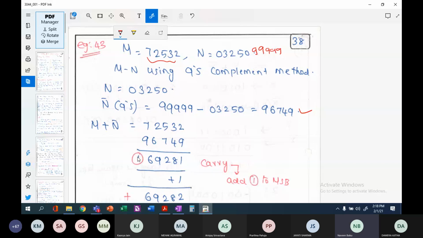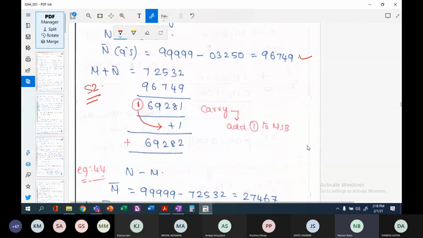Now subtracting it, I am getting it. Now I will add with m. So this is my step 2. Step 3, I am seeing a carry here. If it is r's complement, I will ignore this carry, but here I am adding the carry to my LSB bit. So if I add this to my LSB bit, it is 69282.